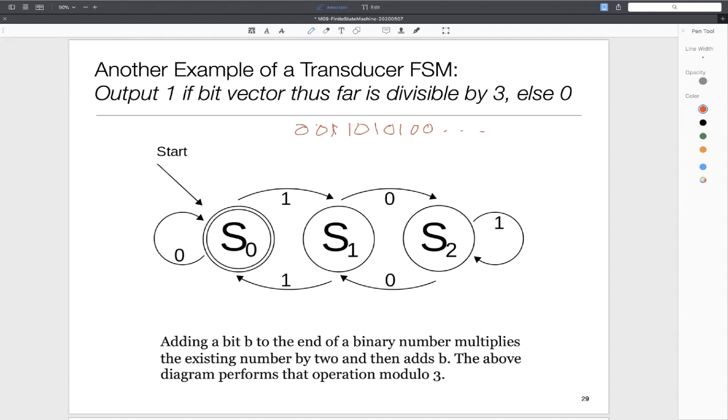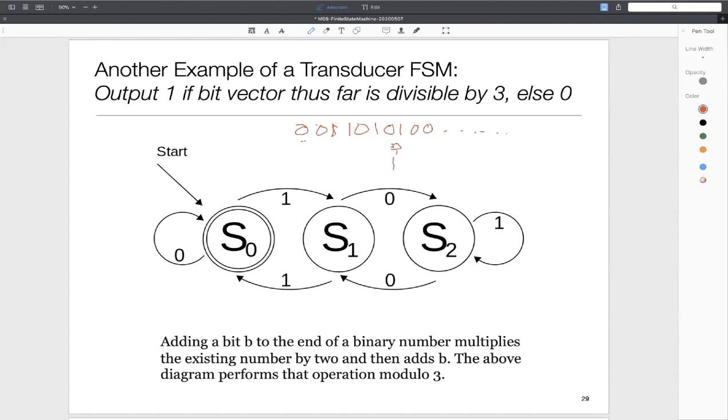Let's say I am getting this bit sequence, and time is proceeding from left to right. Moreover, the bits that I am getting represent the number as you would normally see. So if I am at this point here, then I have received 0, 0, 1, 1, 0, 1, 0.